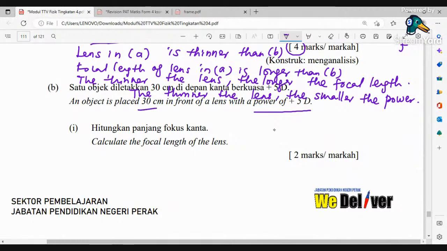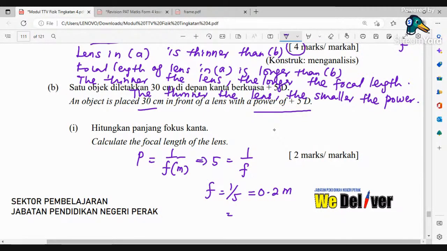Object placed 30 cm in front of lens, power 5 diopter. So focal length kita guna formula P equals 1 over F. But F mesti meter. Then only we get diopter. So 5 equals 1 over F, F is 0.2 meter. So means 20 centimeter. Okay, so kalau you guna diopter, focal length will be in meter. So you dapat tu ialah 20 cm.